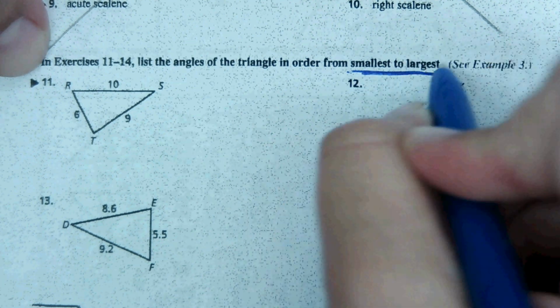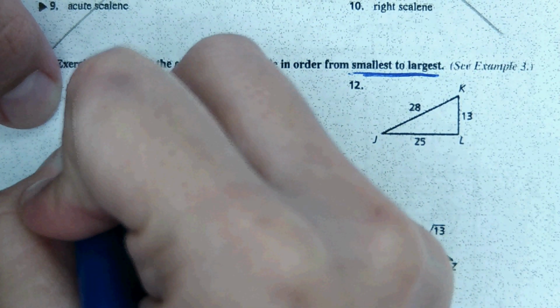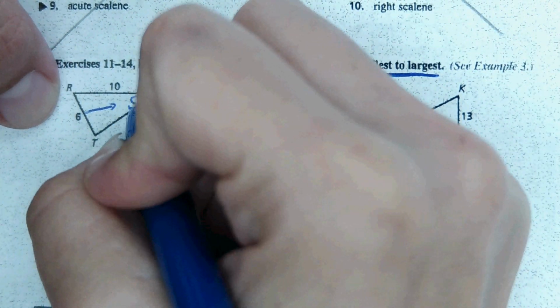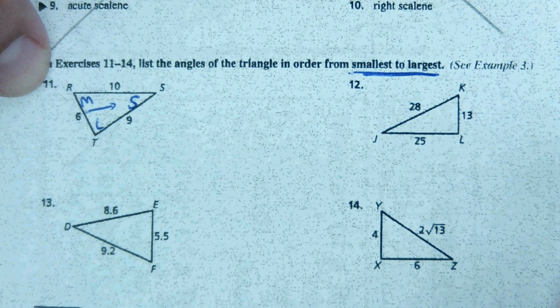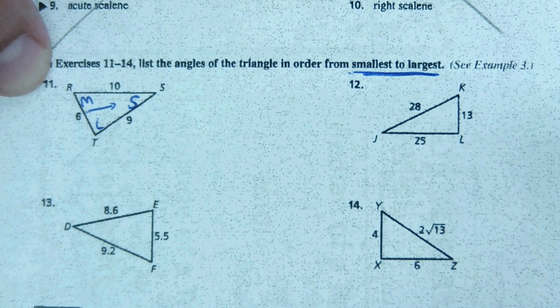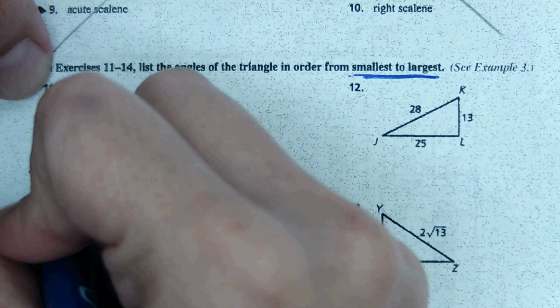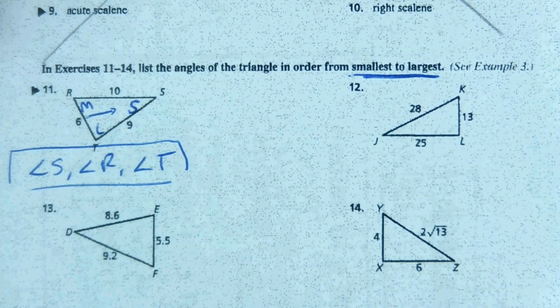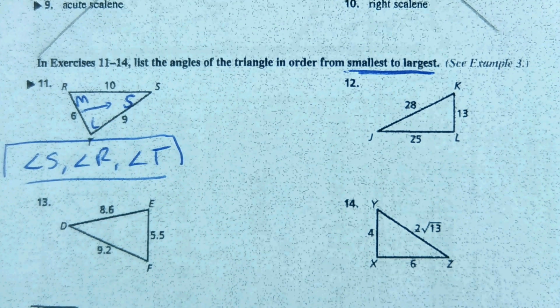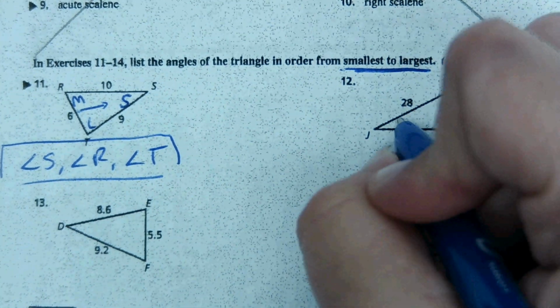It says list the angles of the triangle in order from smallest to largest. So remember, you go to the shortest side. The angle opposite that is going to be the smallest, then medium, and then large. So ordering them from smallest to largest would be angle S, then angle R, then angle T. And we'll just repeat that.